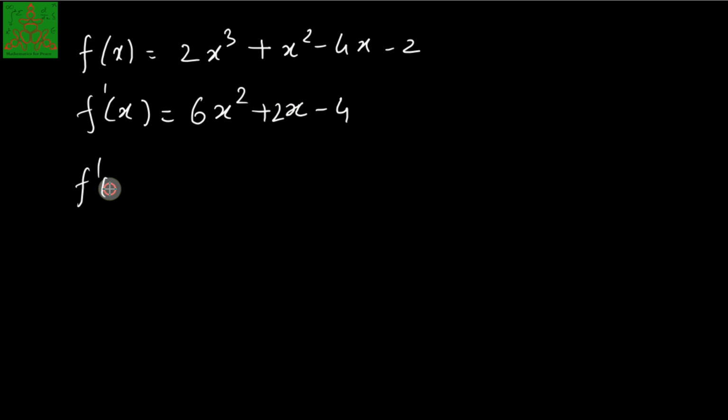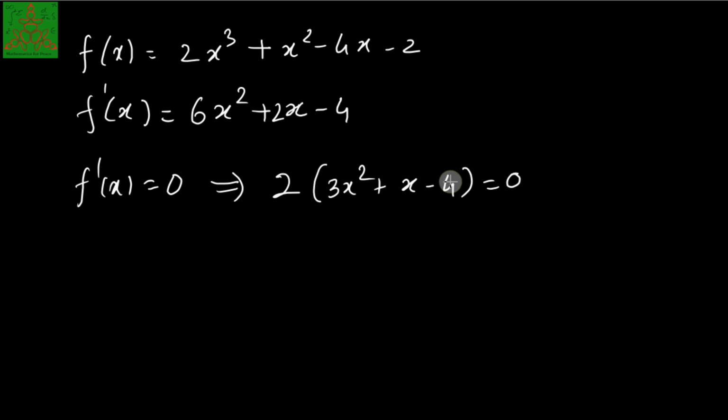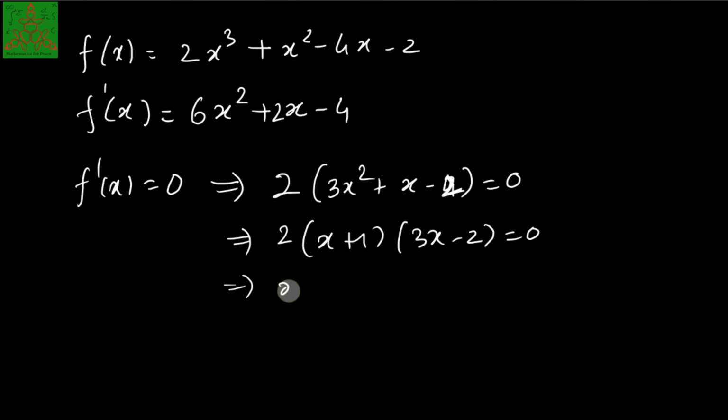And f dash of x equal to 0 gives, taking 2 common, 3x squared plus x minus 2 equal to 0. This is factorized as x plus 1 and 3x minus 2 equal to 0, and this gives you x equals minus 1 and x equals 2 by 3.